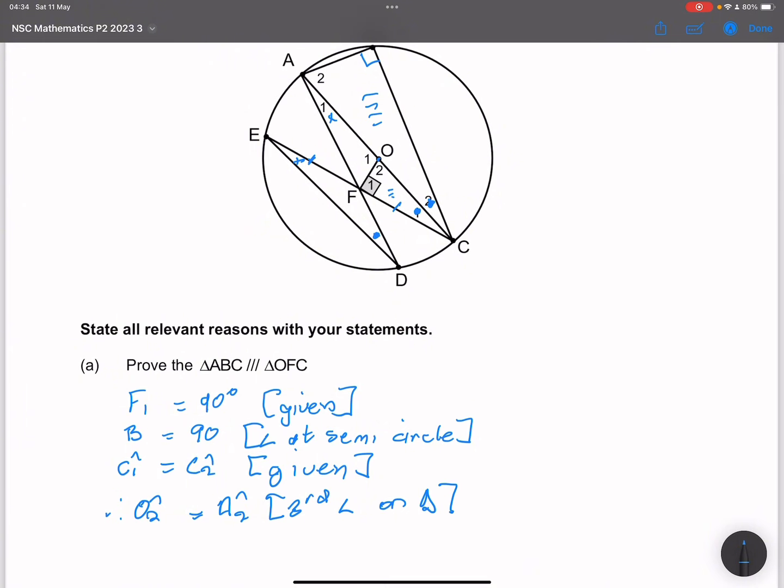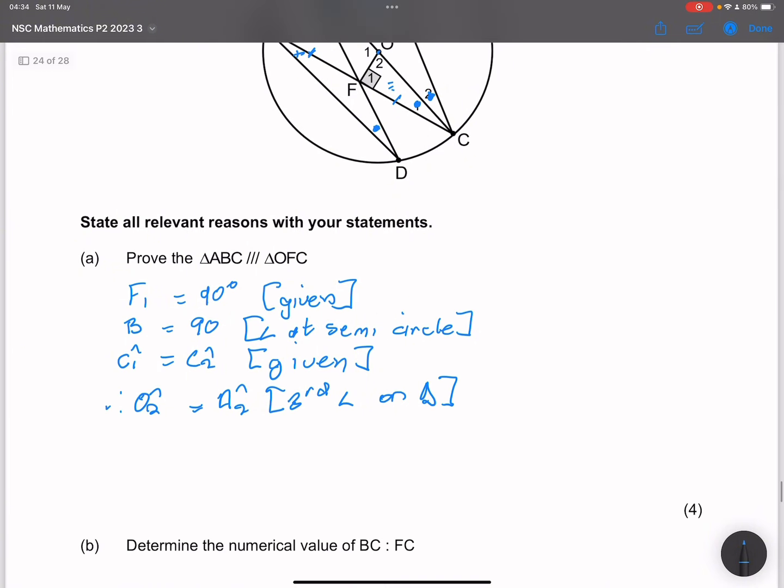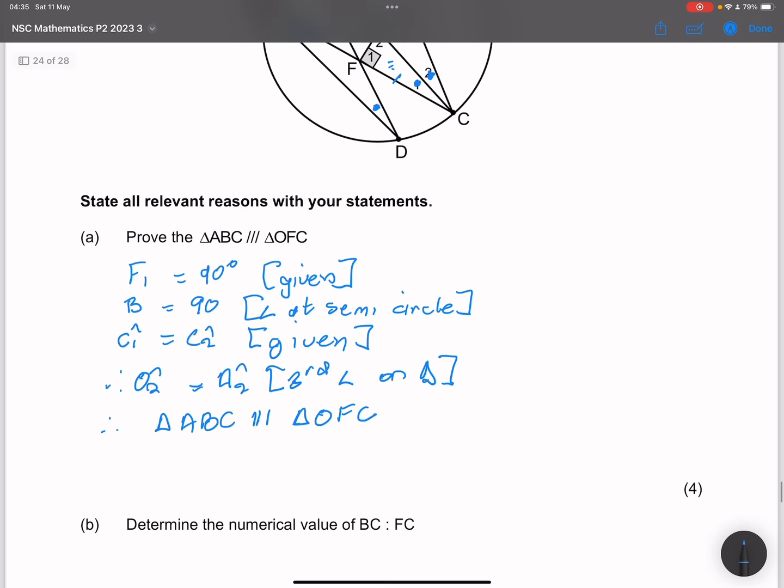All right, and so for that reason, therefore, triangle ABC would be similar to triangle OFC. Right, and in this case, because of angle. All right, very important for us to note that.